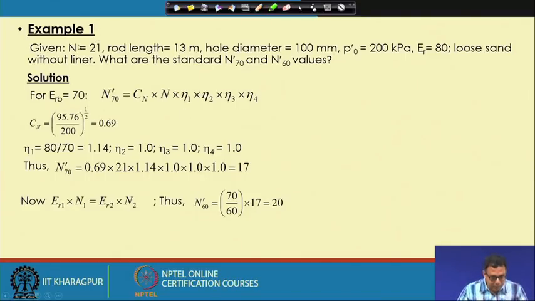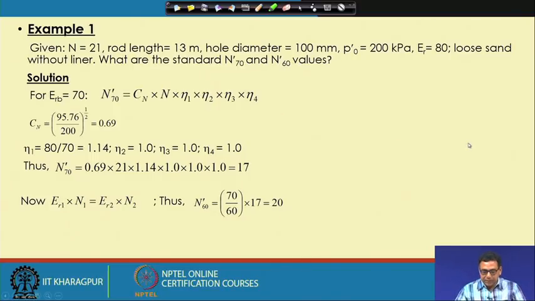Now there is an example problem. The measured N value is 21, rod length is 13 meter, borehole diameter 100 millimeter, P0 bar is 200 kPa, ER is 80, loose sand without liner. What are the standard N' in 70% standard energy ratio and the corrected N value in 60% standard energy ratio?